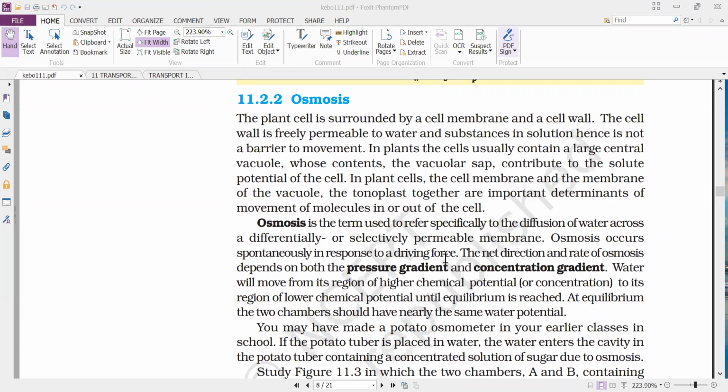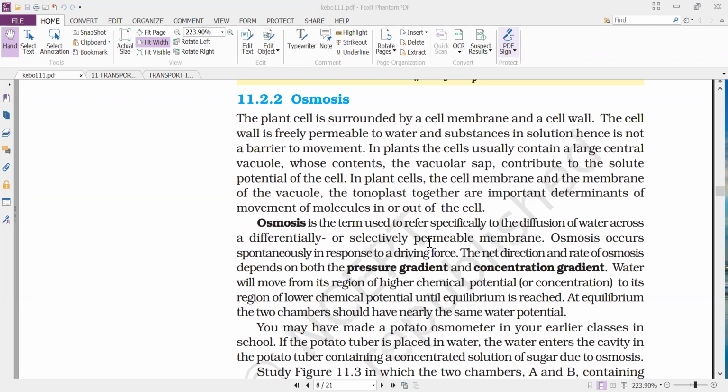That means the movement of water in osmosis occurs according to the water potential, according to the concentration gradient of water.